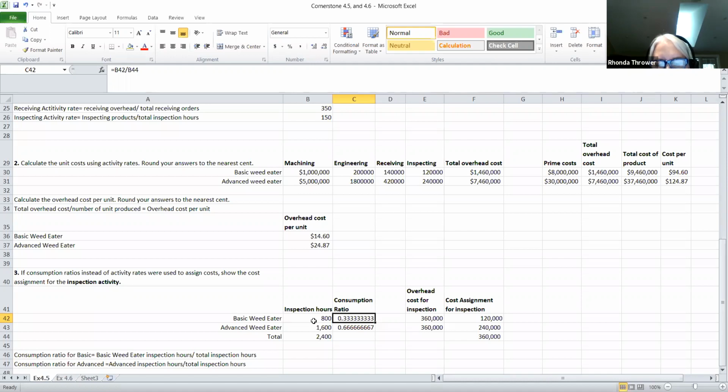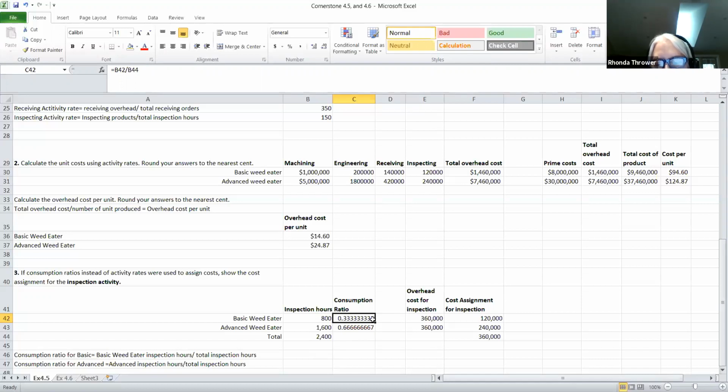The basic weed eater took 800 inspection hours. The advanced weed eater was 1,600 inspection hours. The two of those combined is the total inspection hours. For the basic weed eater, we'd take 800 hours and divide it by 2,400, and that would give us 0.33333, or you could have used a fraction of 1/3 here if you wanted to.